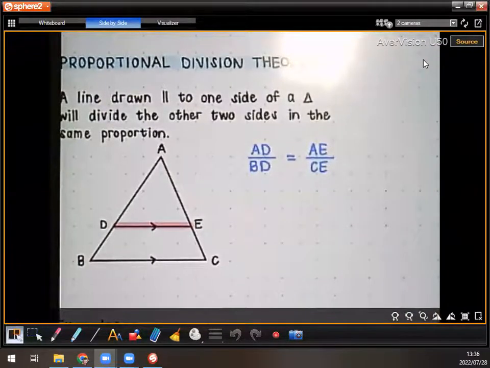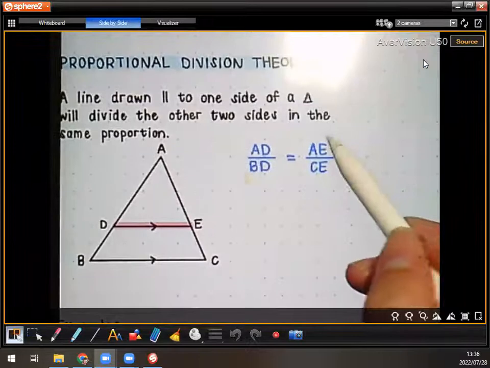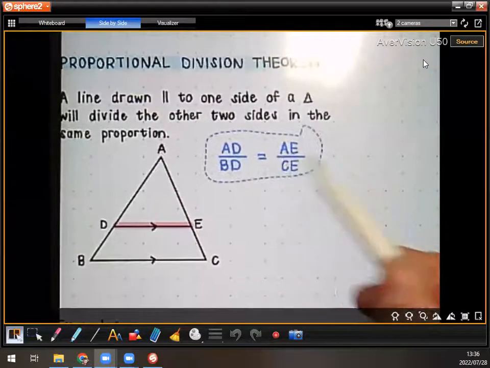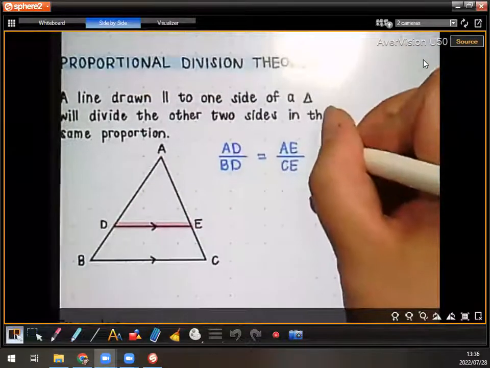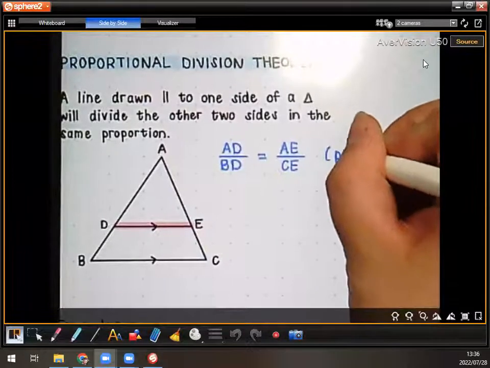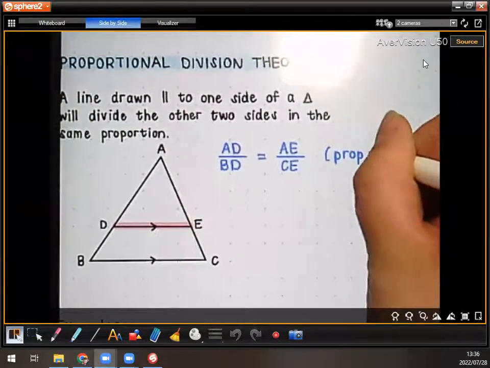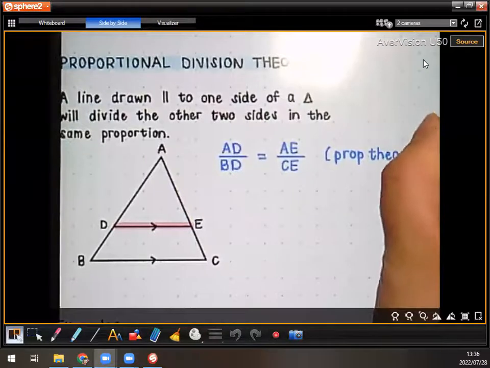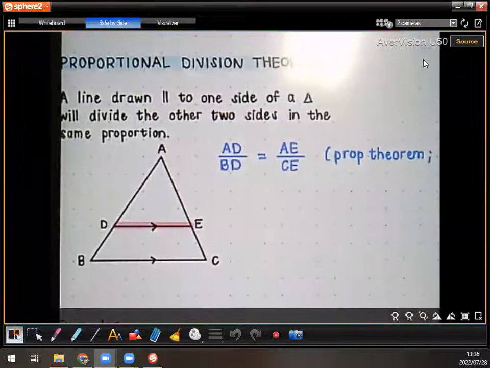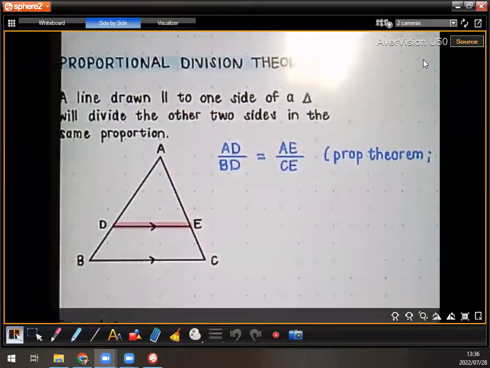We are going to practice using it now, so then we'll see exactly how we can use this. The reason is going to be prop theorem. And then you always have to state two parallel lines.